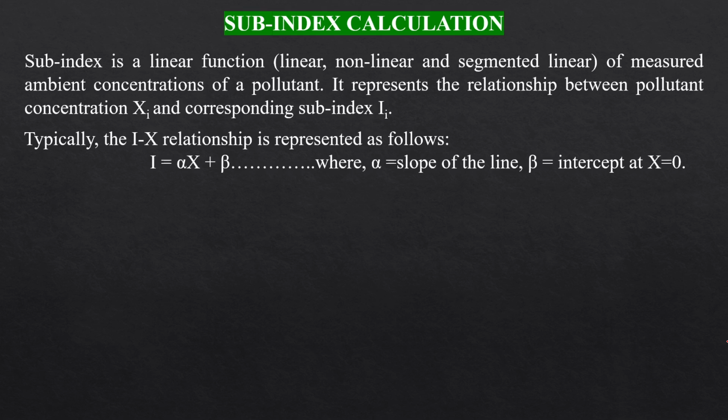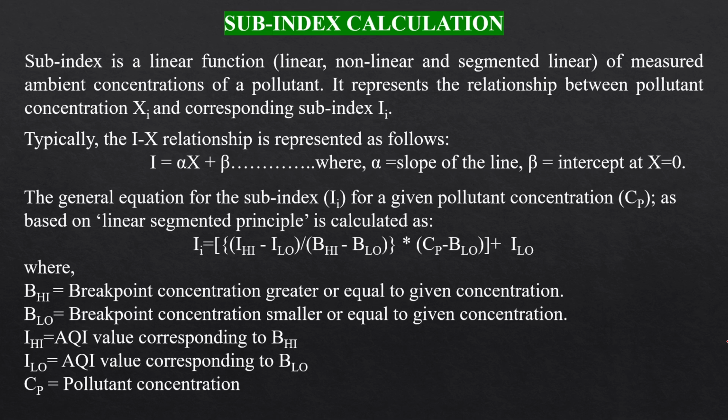I is equal to alpha x plus beta. Alpha is the slope and beta is the intercept at x equal to 0. So the general equation for the sub-index for a given pollutant concentration Cp, based on the linear segmented principle, is calculated.